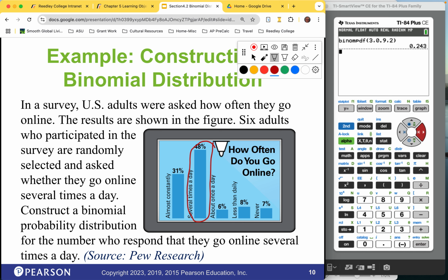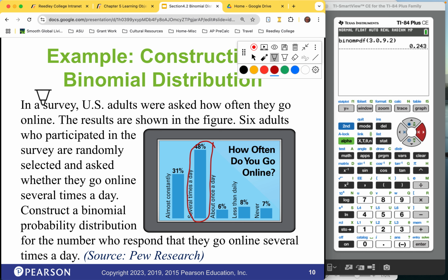If they're one of the others, they just say no. So notice, even though there are multiple answers on the survey, the question now is whether they answered yes to this particular one or not. So we've turned it into a binomial. Does that make sense? They're just asking, did you go several times a day? Yes or no. Construct a binomial distribution for the number who responded they go online several times a day.